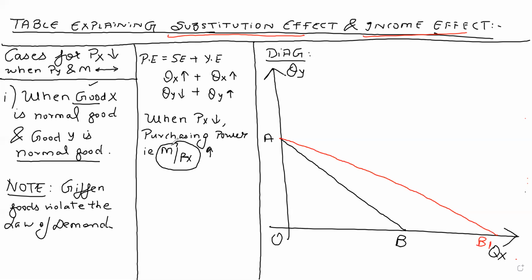My purchasing power, which is M upon PX, goes up. But to capture the substitution effect, purchasing power has to be kept constant. So to capture the substitution effect, we need to keep purchasing power constant.